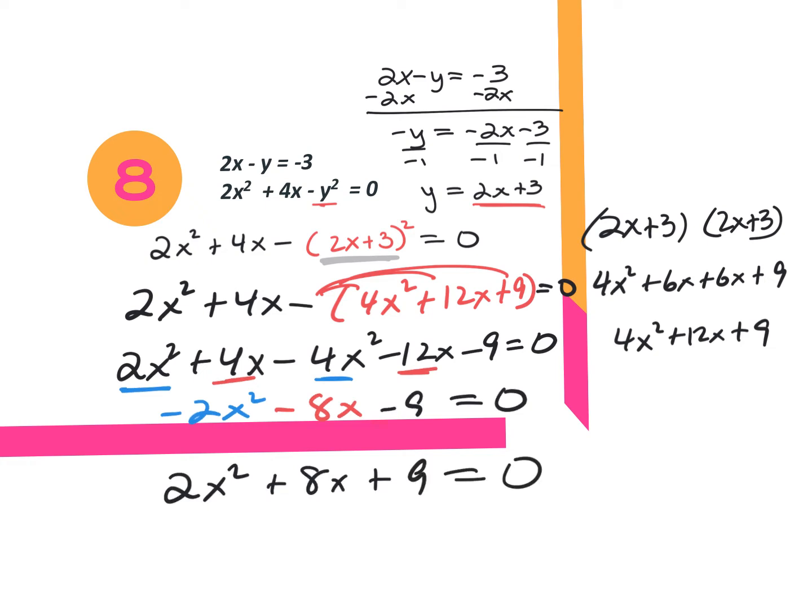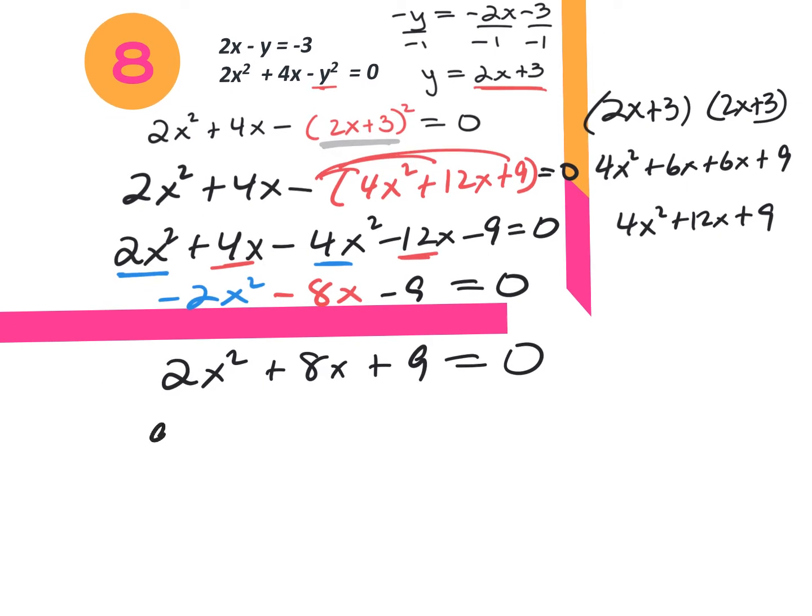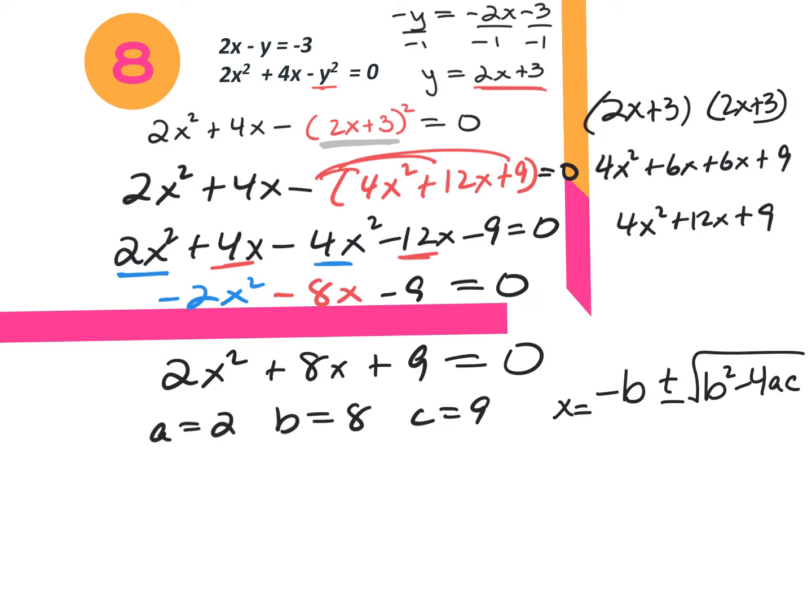Because I wanted to see if I can factor this. However, this is not factorable. So I have to do quadratic formula. So a equals 2, b equals 8, c equals 9. Remember quadratic formula: negative b plus or minus the square root of b squared minus 4ac, all divided by 2 times a.